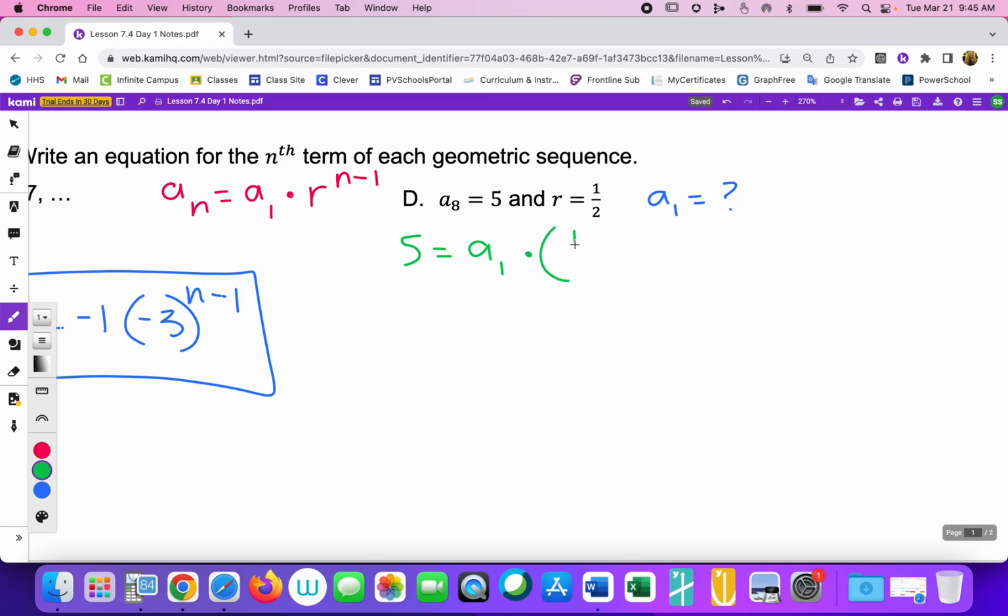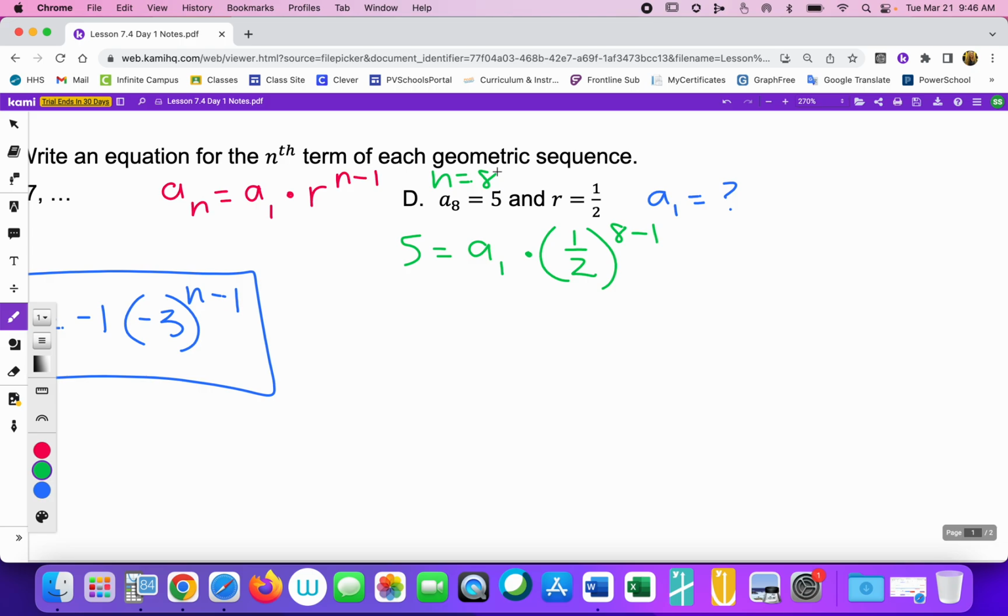Our R value is 1/2. And the 5 is the 8th term. So that's going to go where that is. So N is 8. It's whatever number term that is. So it's the sub number. So the A8. N is 8. So we're using this to figure out what the first term is so that we can write the formula.